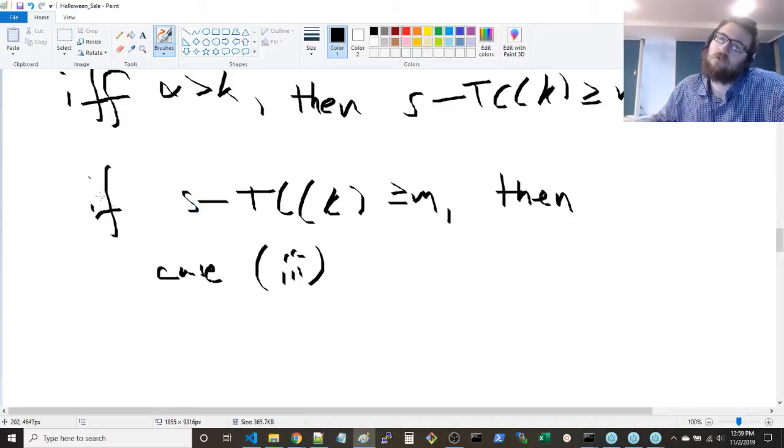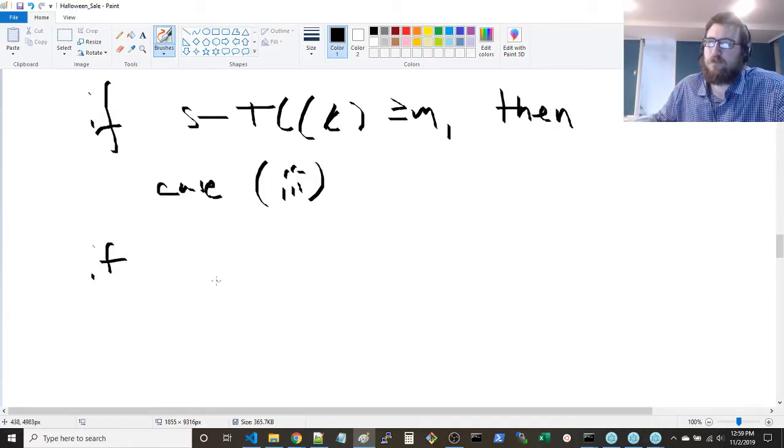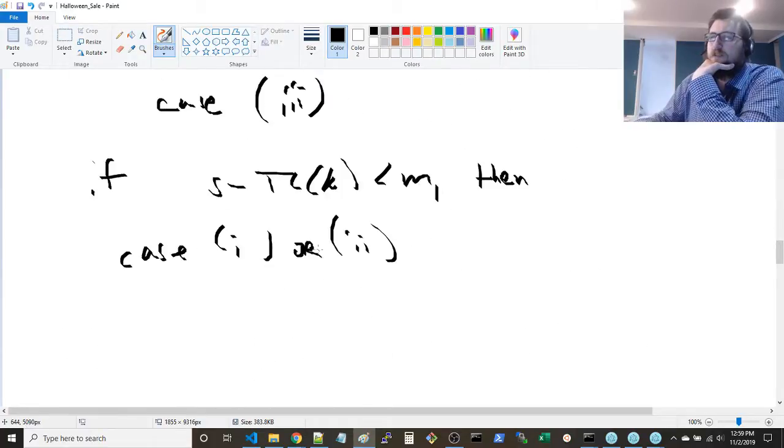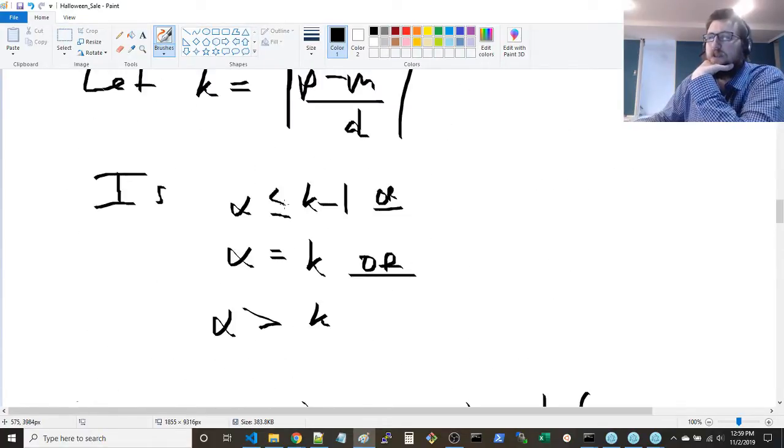If not, if s minus tc of k is less than m, then case 1 or 2. And then we have to decide if we're equal to k or less than k, which this is just less than k, by the way.